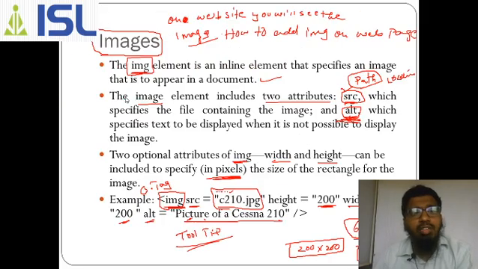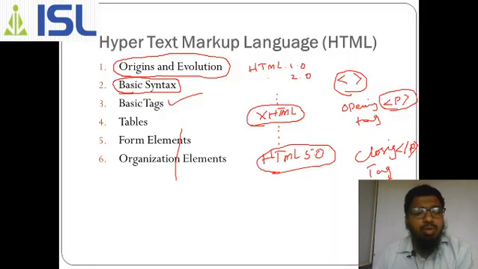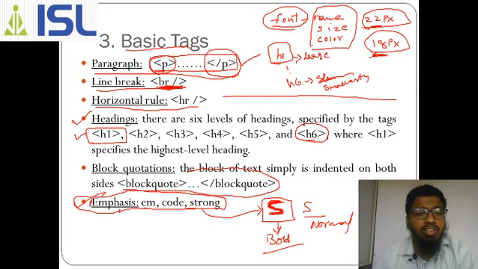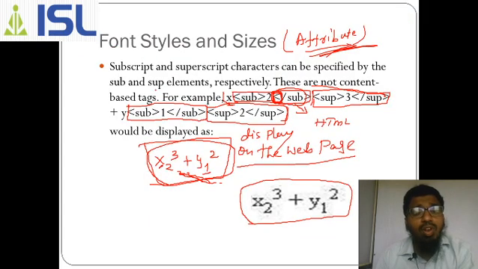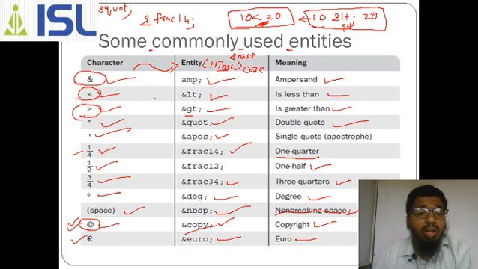So before that, I will quickly go over it. In the basic tags, we just finished the basic tags in HTML: the paragraph, line, horizontal rule, headings H1 and so on, and we will make one practical session. At that time we will see some practical things and theory also, and the character entities, all the characters you can include, and how to add them, we will see that also.